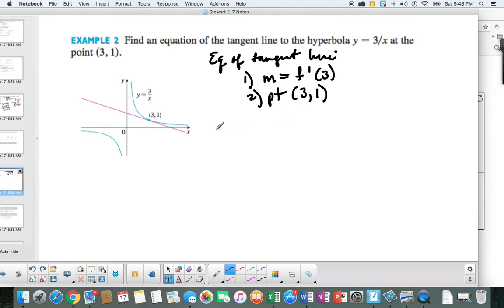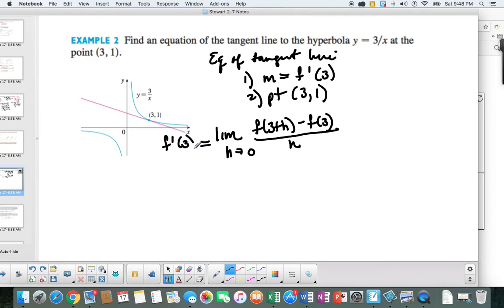So I'm going to take the limit, and I'm going to use the first form. The limit as h goes to 0 of f of 3 plus h minus f of 3 all over h is equal to f prime of 3.